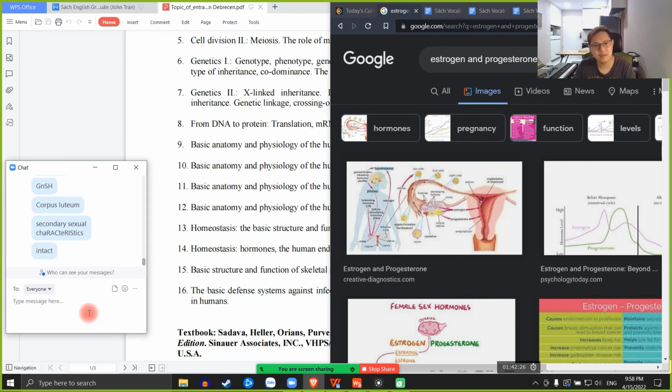Menstruation basically destroys the uterus walls, right? Yep, menstruation destroys the walls of the uterus when the woman is at her menstrual cycle. So it can also cause abortion too. So basically, you need progesterone to keep the pregnancy going.